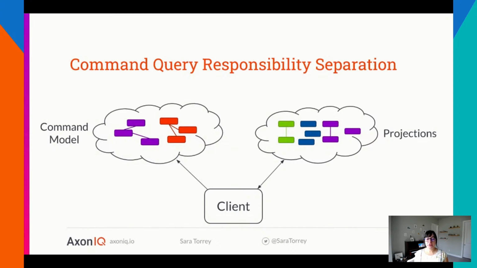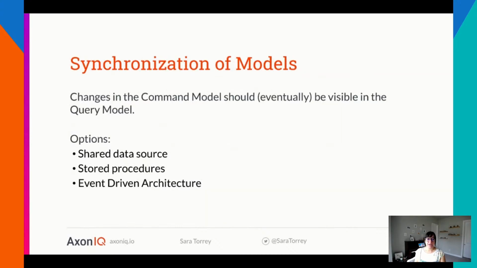But moving forward, there is one important missing part here, which is needed to synchronize the command model with the query model, because they still need to communicate with one another. And that part, of course, is the events, which we're going to see again on the diagram here shortly.